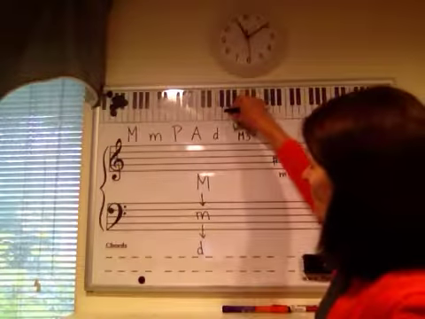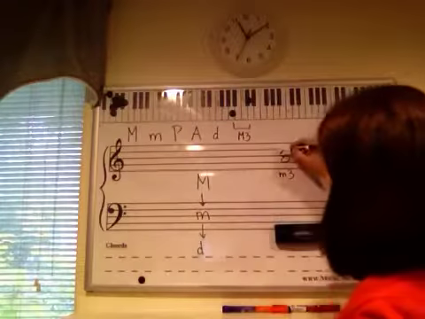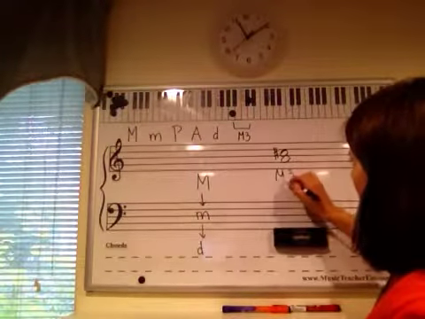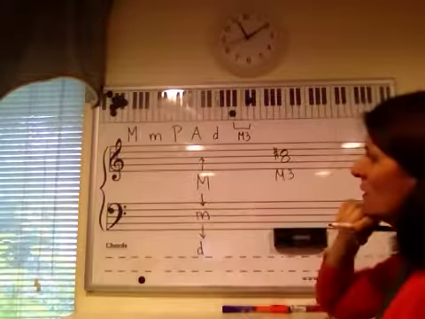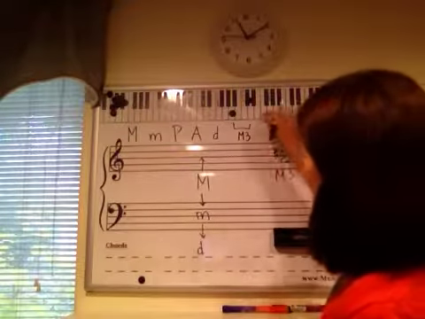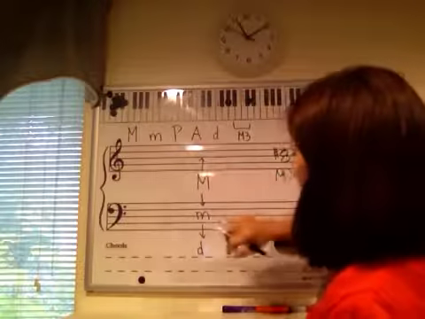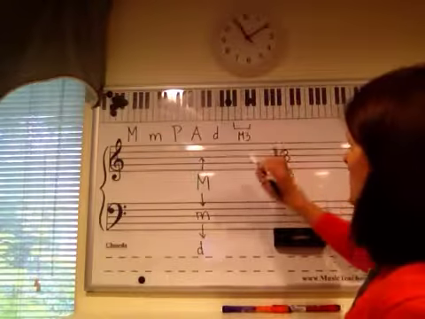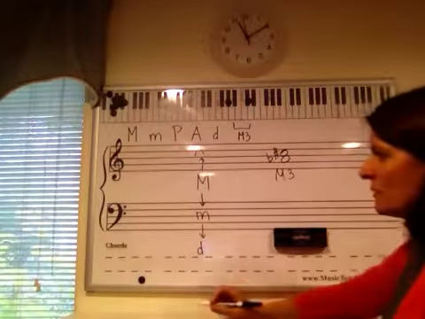Let's go back to our A to C sharp interval, which we learned was the major third. Now, if I want to increase this interval size by 1/2 step, then I am now going to move that note down, and I've just created A flat to C sharp, and that is called an augmented interval.